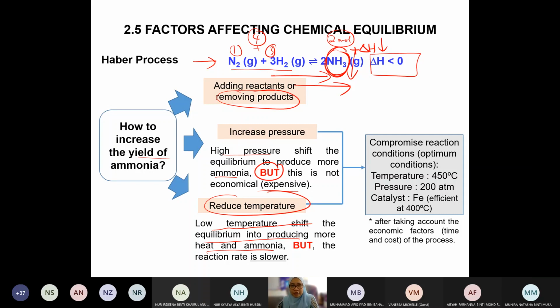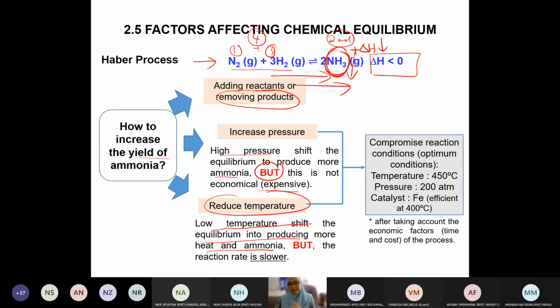Tapi kalau you reduce the temperature further, okay, you akan dapat banyak produk, but you have to wait for like 1 week. Okay, kena tunggu 1 minggu untuk dapat that product. Okay, baik buat normal temperature je macam tu. And because we can get the product in 1 day kan. So banyak benda you have to consider.